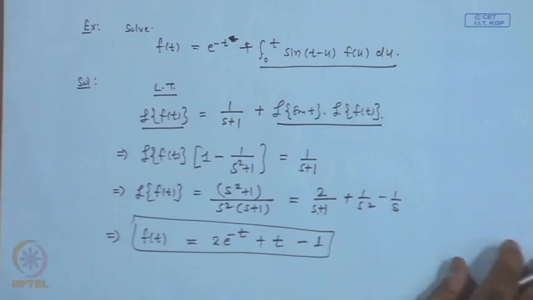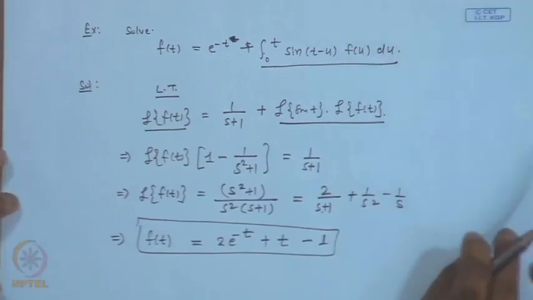Now, I will consider a different example where we will see the integral terms as well as the differential term, and that is called the integro-differential equation. I will take one example just to make the concept clear.